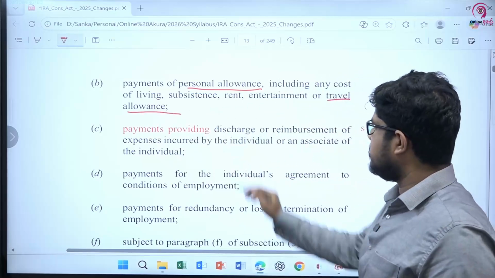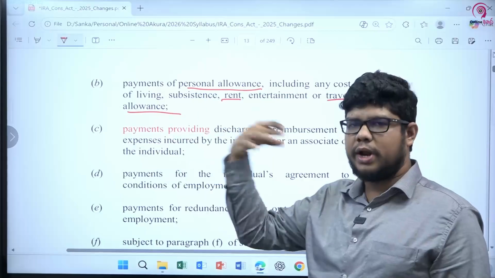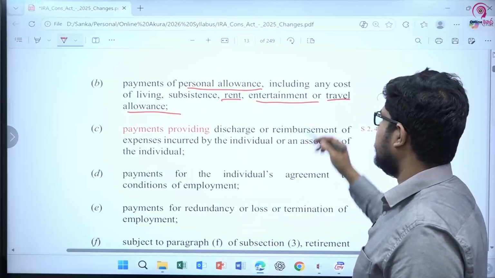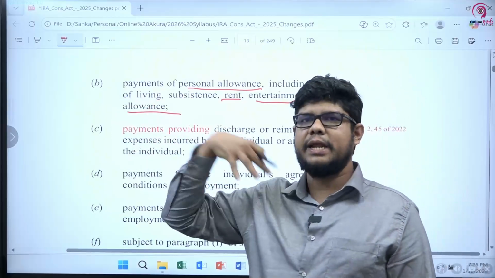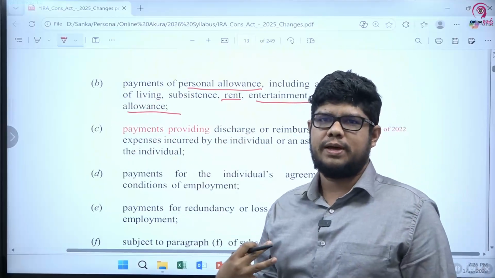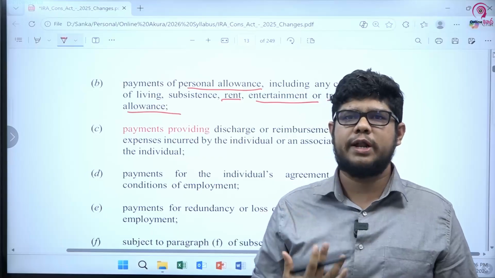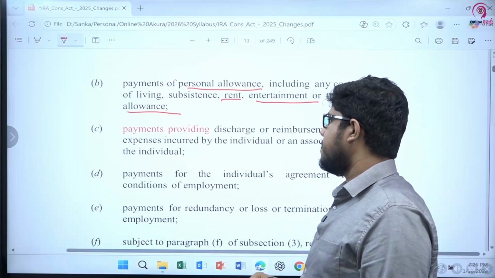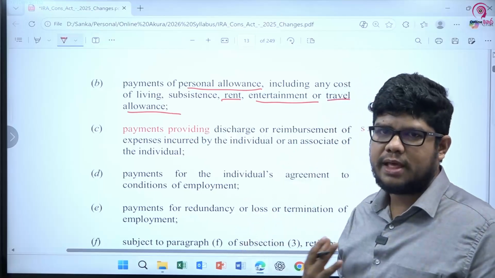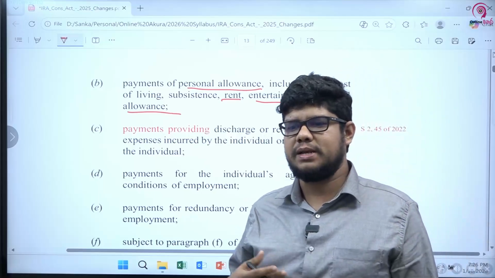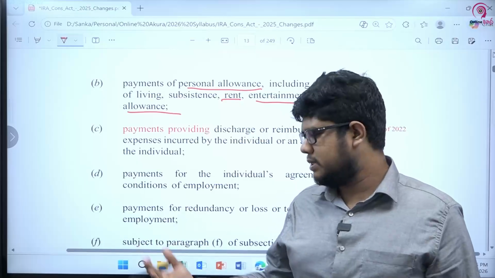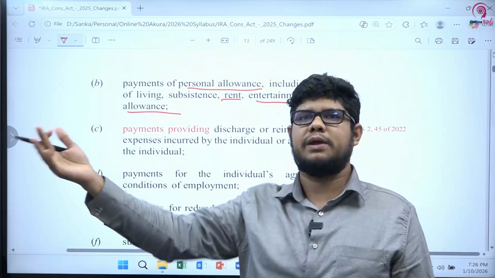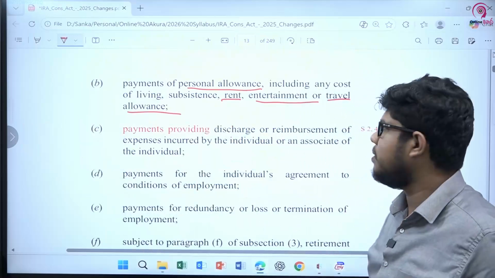Subsistence, rent: if they are paying you rent, that's also employment. Entertainment: if they provide any entertainment benefit for you, let's say a hotel tour, whatever the allowances, maybe sports. In some conglomerates where I worked, they provided sports club membership, they paid for it and I received the benefit.